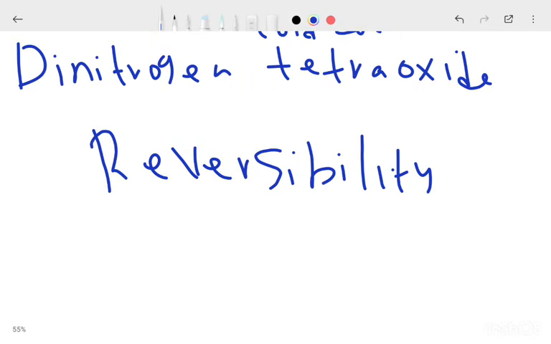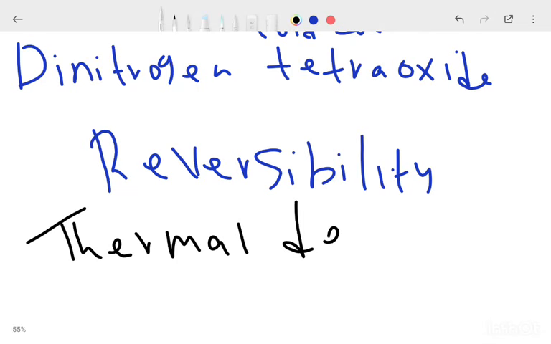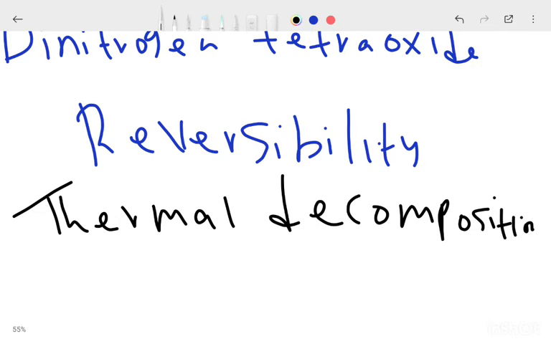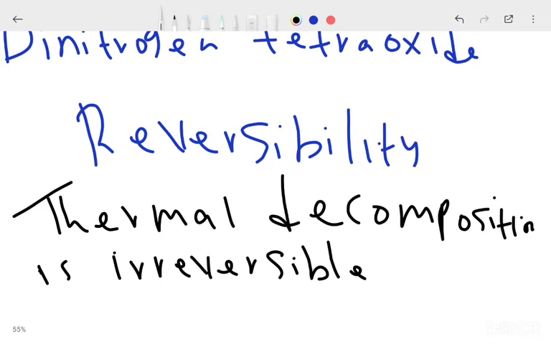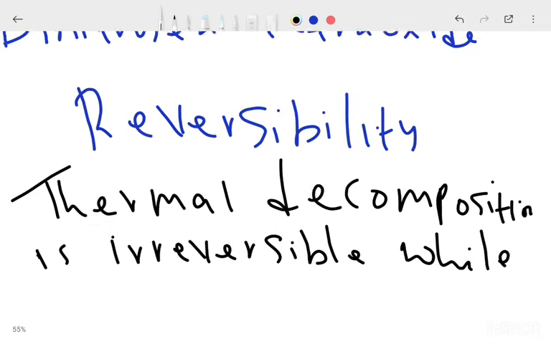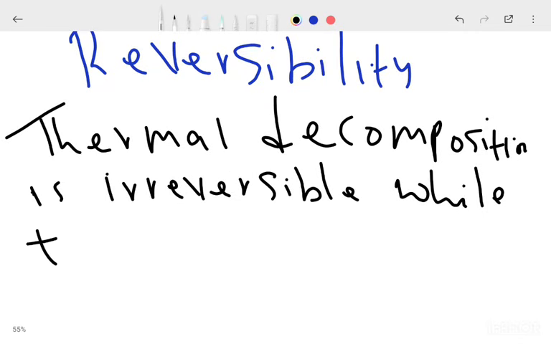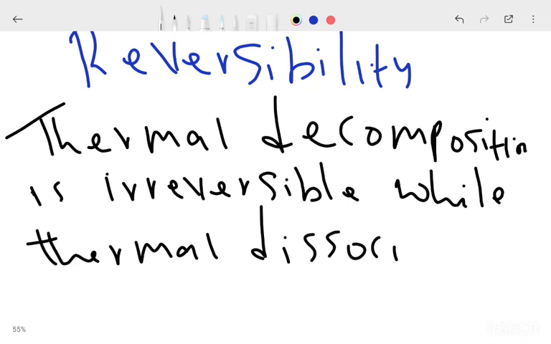Take note, read your book. Thermal decomposition is irreversible, while thermal dissociation is reversible.